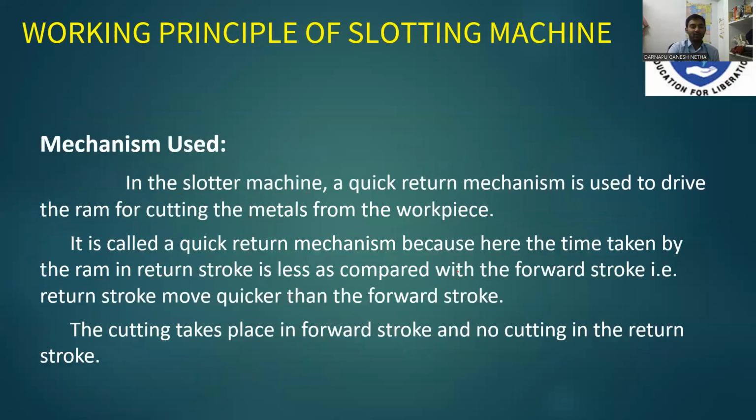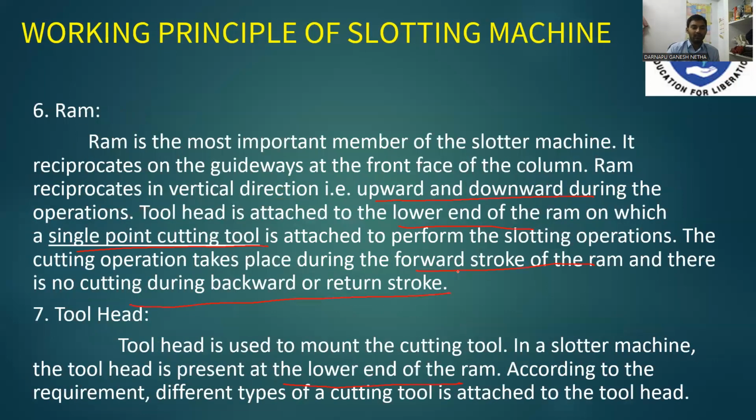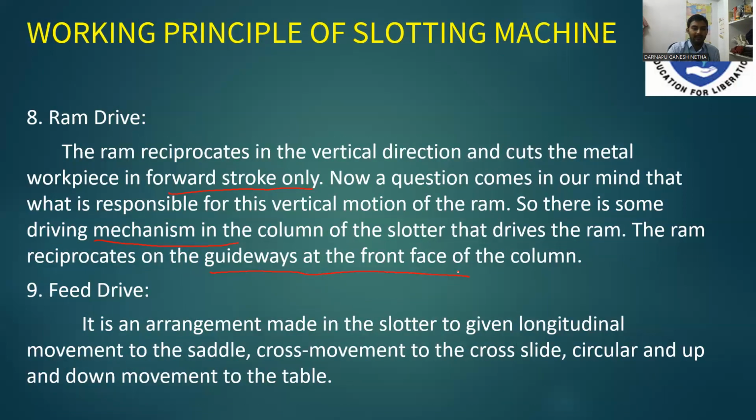What is the feed drive? It is an arrangement made in the slotting machine to give a longitudinal movement to the saddle, cross movement to the cross slide, and circular and upward and downward feed to the table.